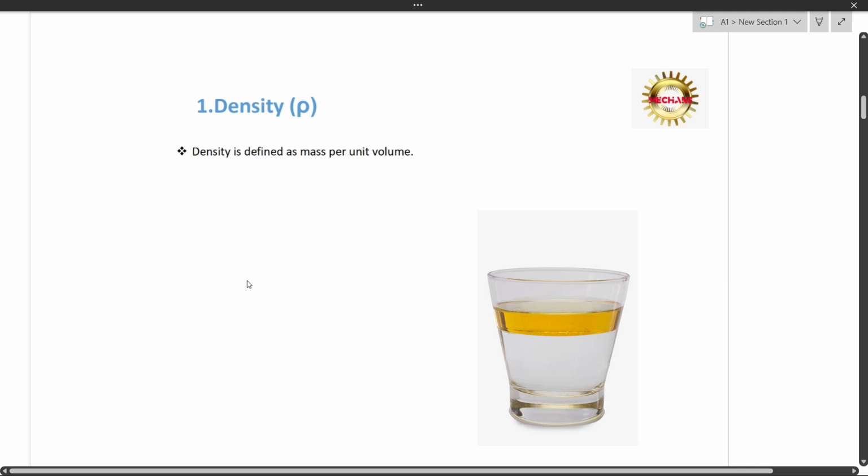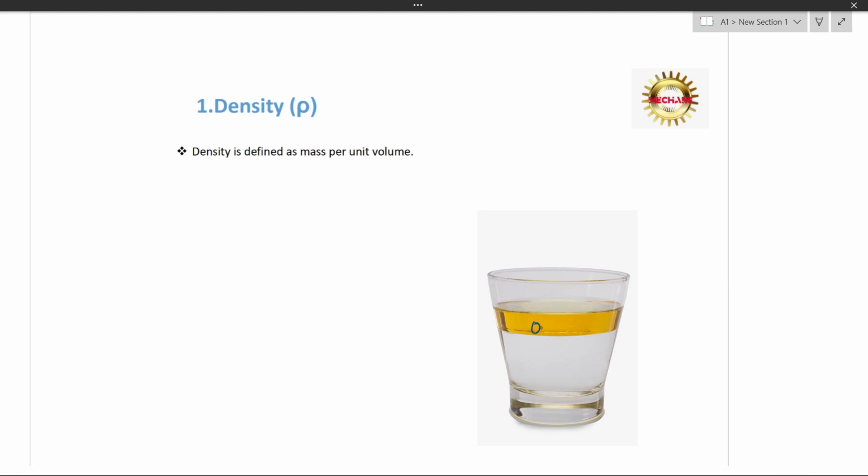Next, we are going to see about density. Density is defined as mass per unit volume. See this figure. This is oil, which has less density than water. The water is under the oil.